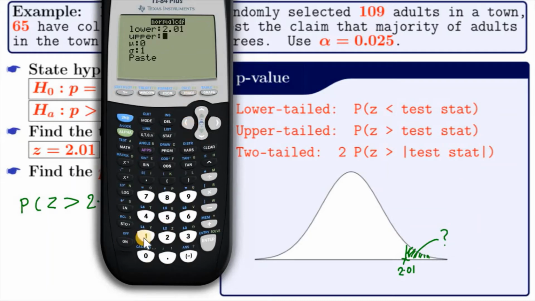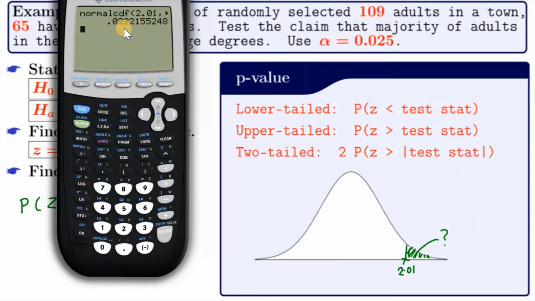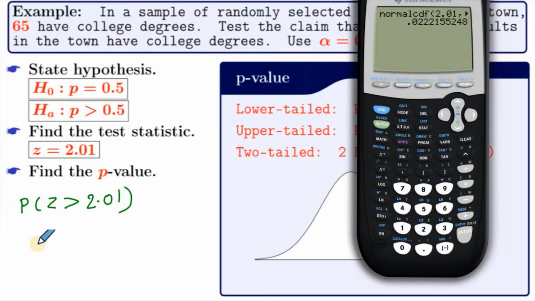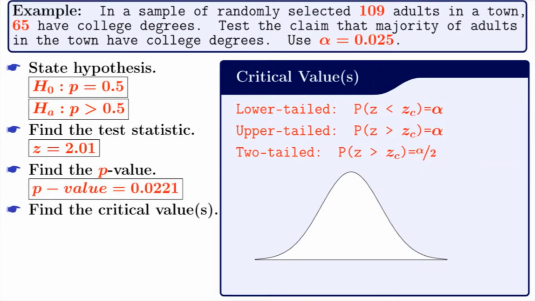So for this one, we can take 10,000. Our mu would be 0 and our standard deviation sigma would be 1. Then hit enter and enter. So we have this number here, and this is basically the area, this area over here, the shaded part. Let me write down our p-value here. So our p-value is 0.0222.